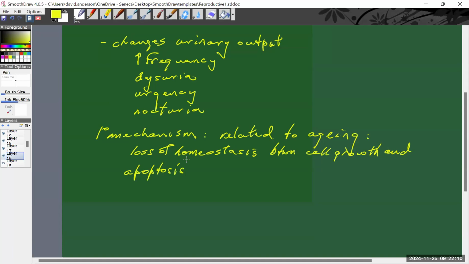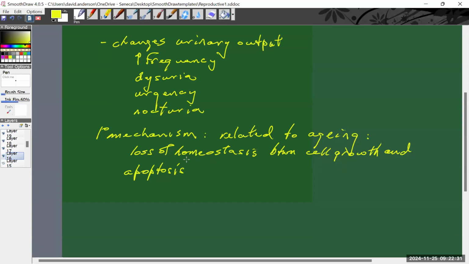And you remember that apoptosis is essentially the body's way of regulating tissue and organ mass in many cases based on environmental factors, but it's a natural removal or destruction of cells in the interest of maintaining homeostasis of function.